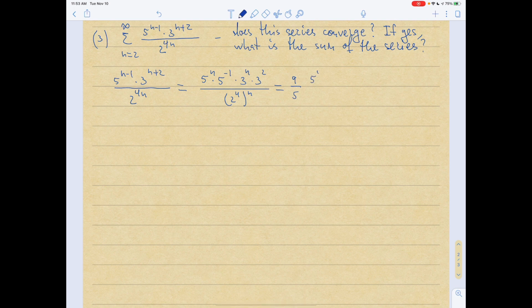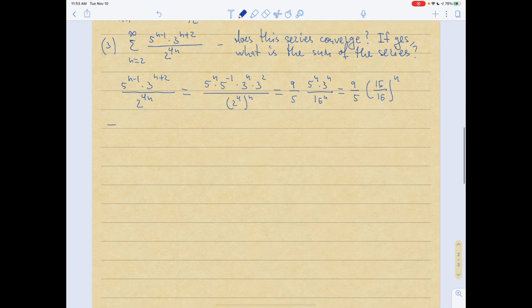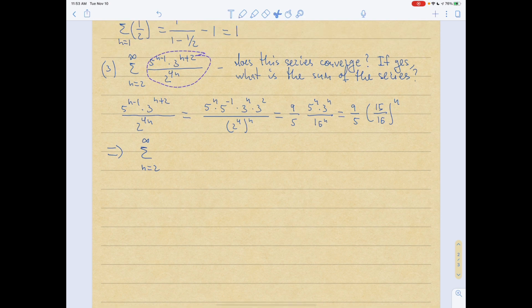And then we have 5 to the n times 3 to the n divided by 2 to the 4, 16 to the n. So the whole thing is 9/5 times 15/16 to the n. So that means that my series looks like this: sum from 2 to infinity of what I had over here.